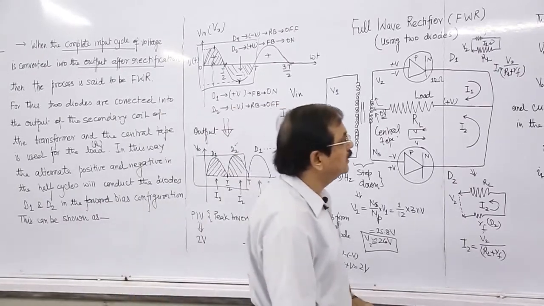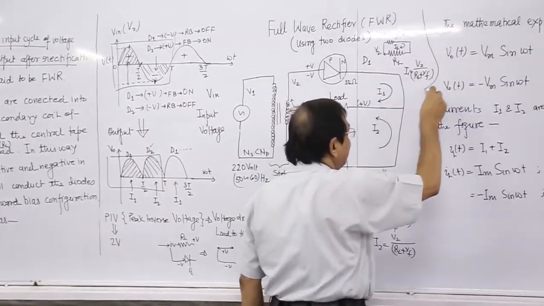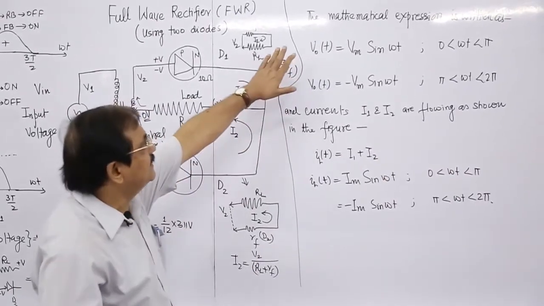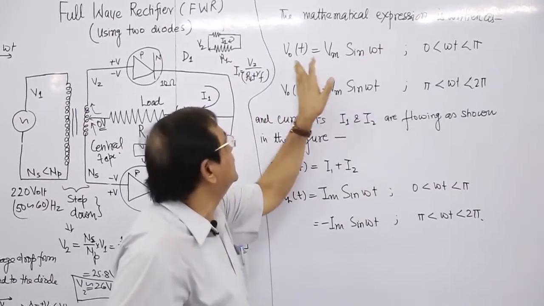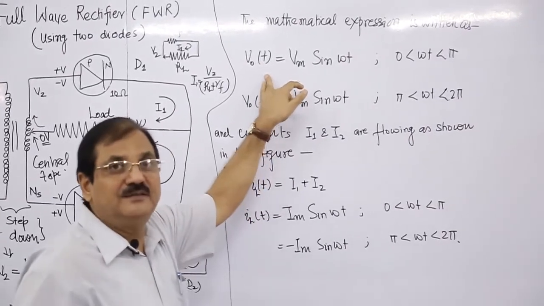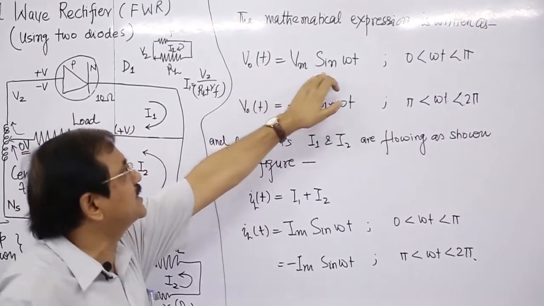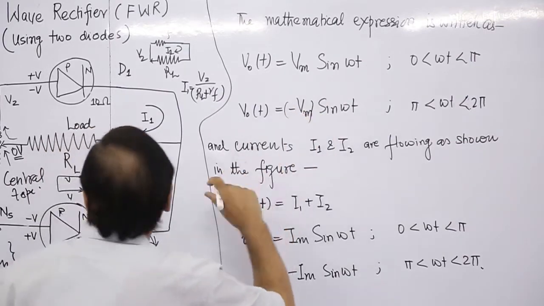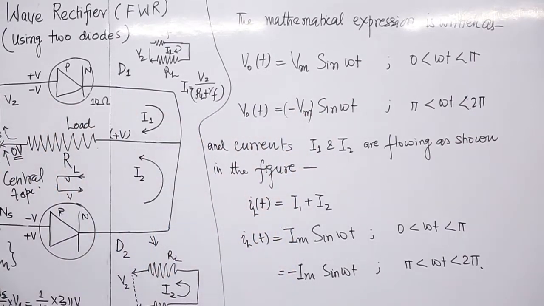Now, for the sake of mathematics, the mathematical expression is written as Vt equals V0 sin omega t, and this is minus Vt.